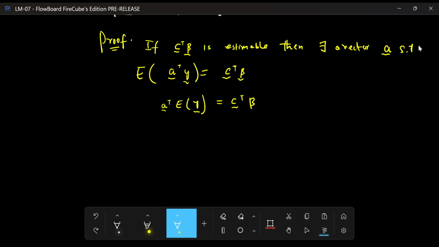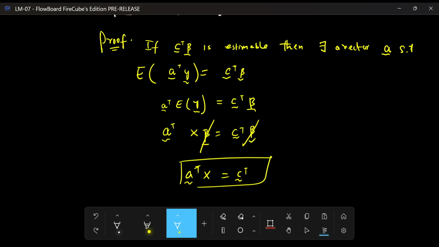So this is A curl transpose expected value of Y curl. What's expected value of Y curl? It is simply X beta curl, which is equal to C curl transpose beta curl. So this beta curl will cancel out, and A curl transpose X is equal to C curl transpose.